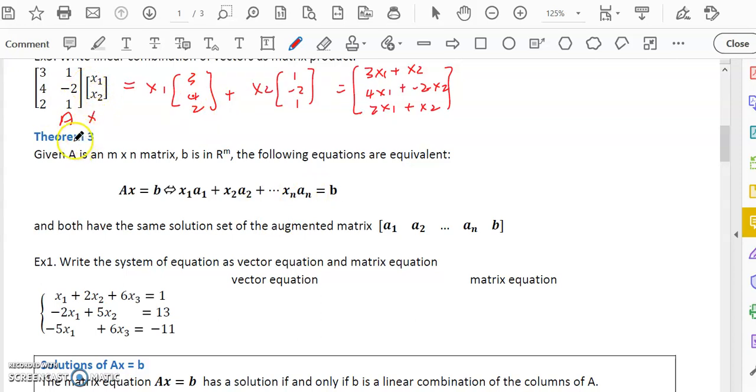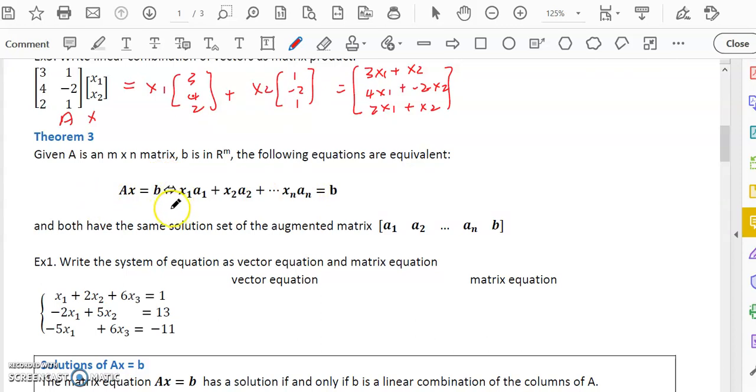Okay, so another theorem that we're going to talk about is the matrix equation. So we see a linear combination actually will result in something, right? If I have a linear combination of x1a1 plus x2a2 plus up to xnan equal to a vector b, that would mean that I'm solving an equation of Ax equal to b.